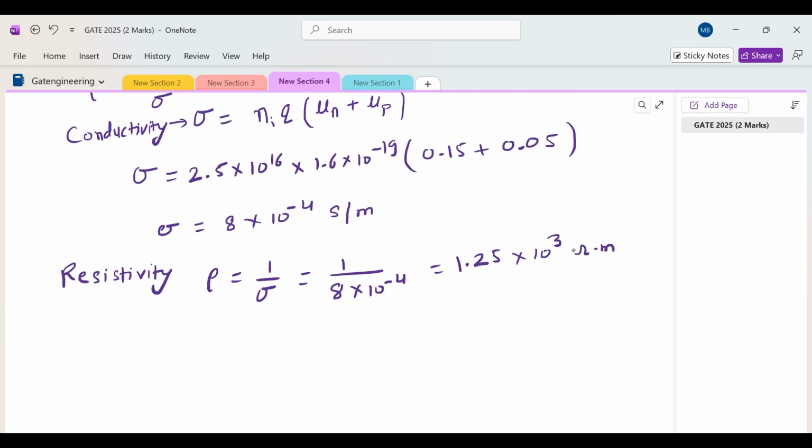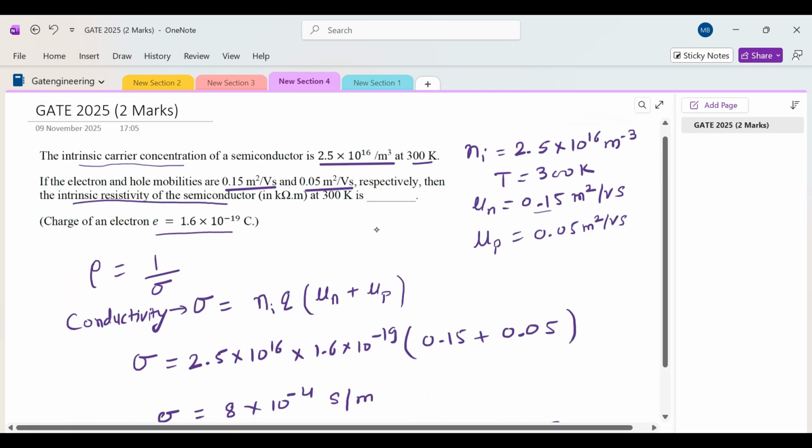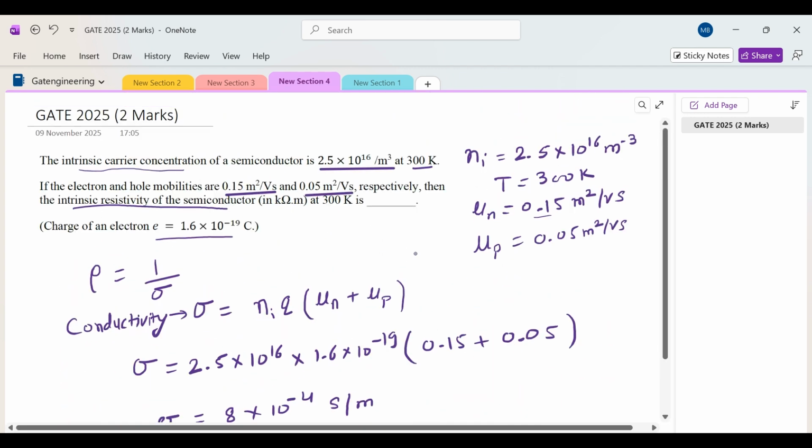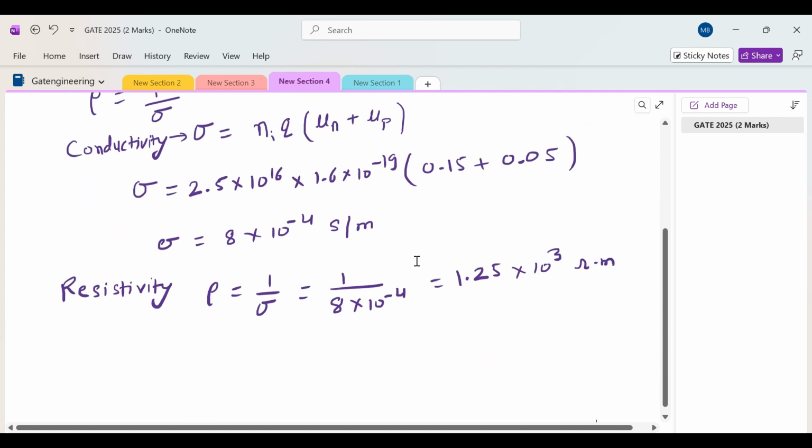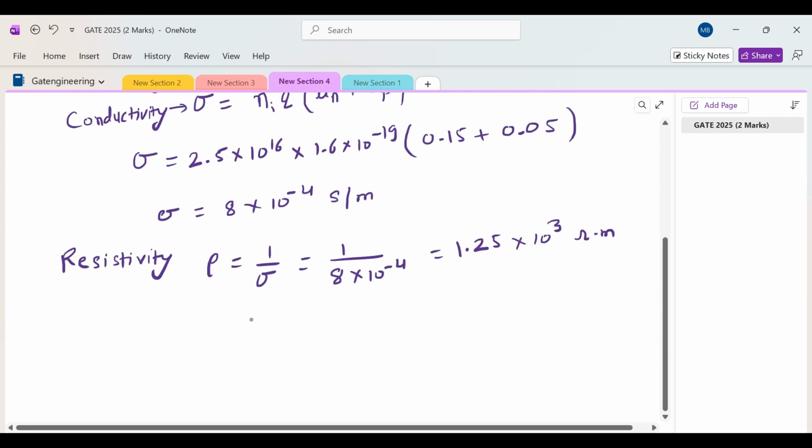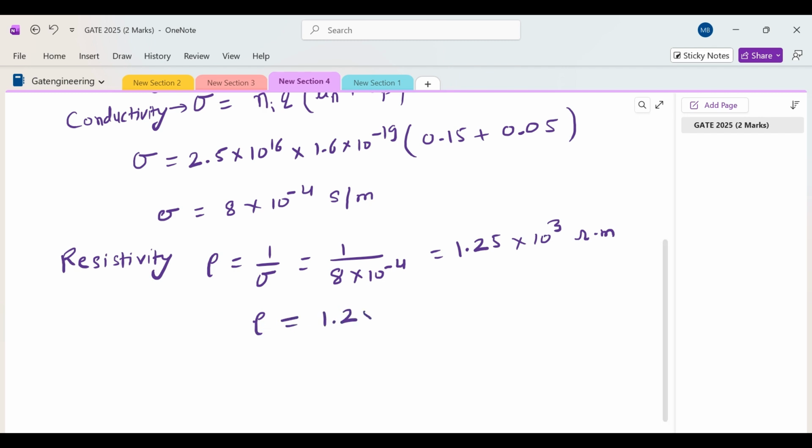But in this question, resistivity is asked in kilo ohm meter. It means from here we are getting resistivity rho, which is 1.25 kilo ohm meter. So this is the answer for the given question for resistivity.